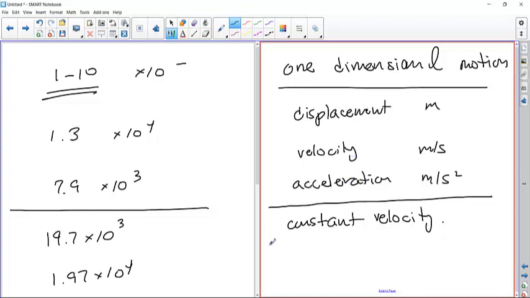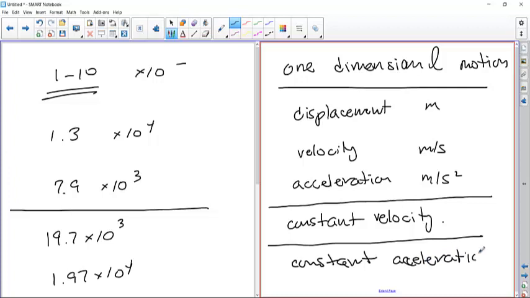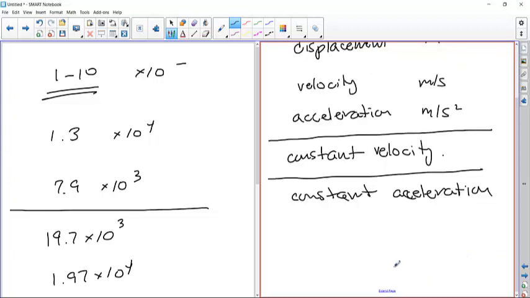The next thing that we'll talk about, which is where we'll spend most of the time, is constant acceleration. Constant acceleration is a hard enough problem that you can do some interesting things, but it's not so difficult. And we'll come up with equations of motion for constant acceleration.